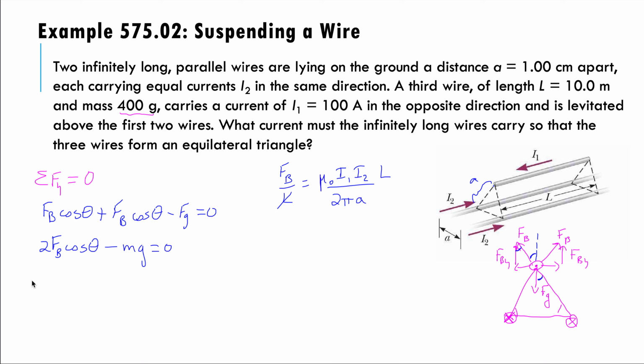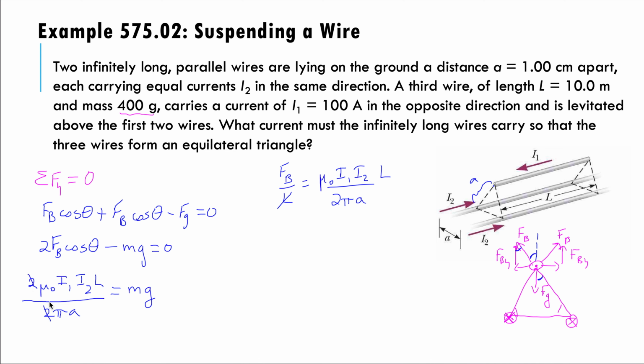So we're going to have 2 times mu naught I1 I2 times the length over 2 pi A, times cosine theta, minus mg equals 0, so let's just set it equal to mg.